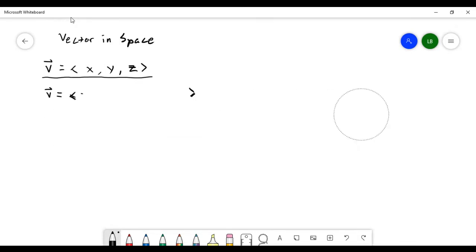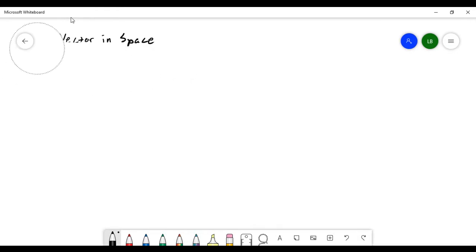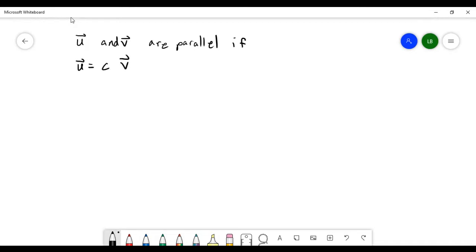Let's see. We'll talk about parallel vectors now. So if we have two vectors, u and v, we say that they are parallel if u is equal to some constant times v.